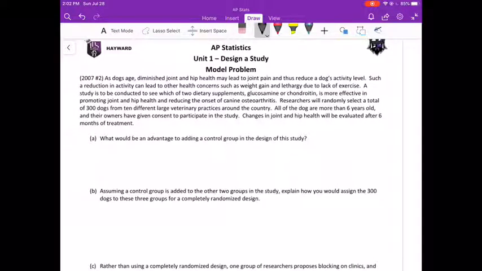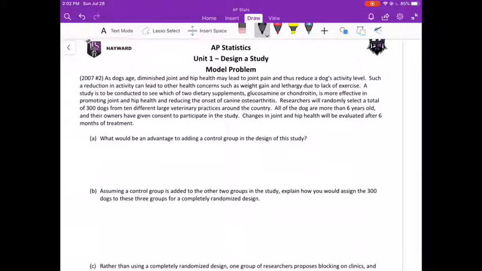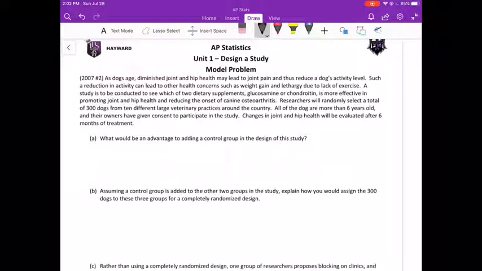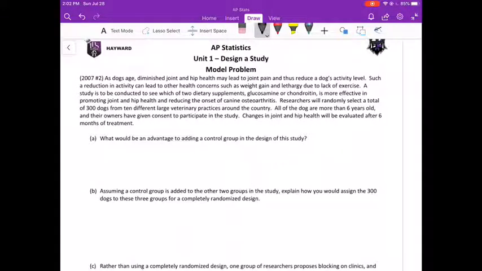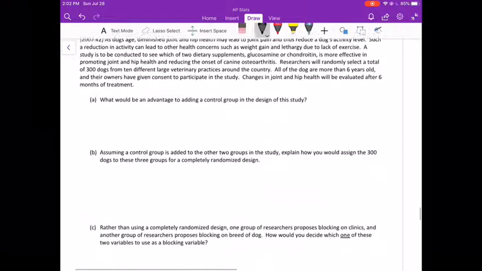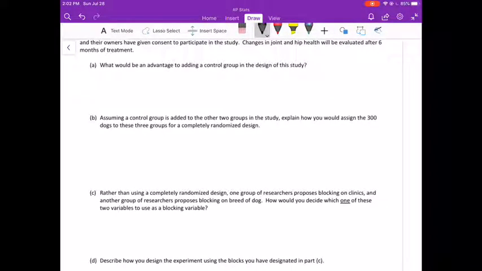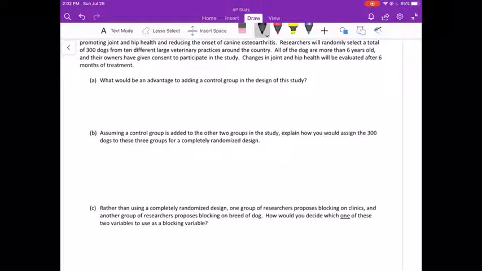A study is to be conducted to see which of the 2 dietary supplements, glucosamine or chondroitin, is more effective in promoting joint and hip health, reducing the onset of canine osteoarthritis.